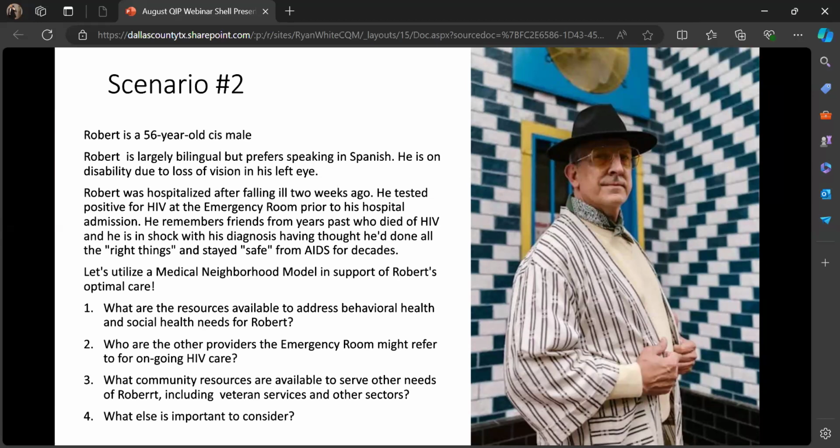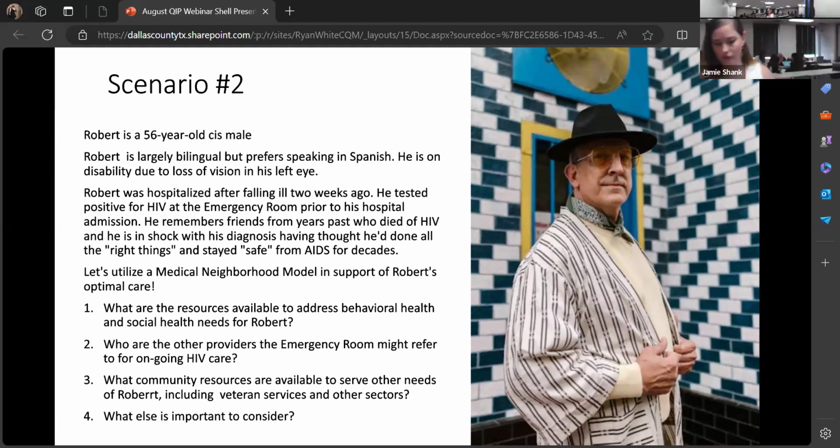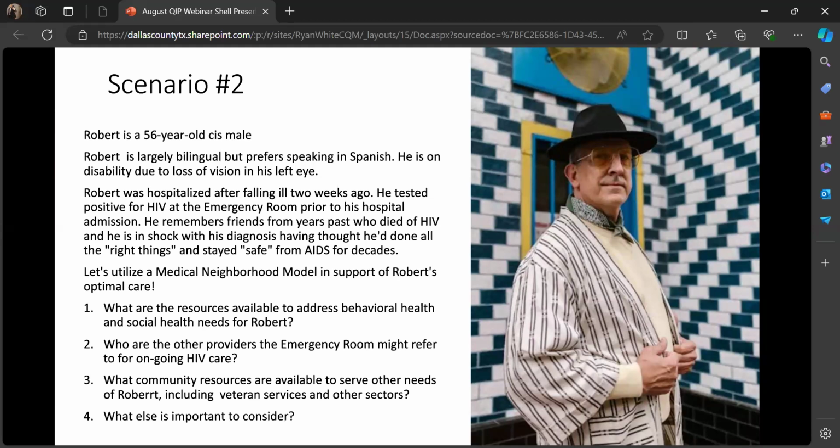Okay, I guess I'll go first. This says that he's on disability. I would wonder, does he have Medicare? And what benefits does he have through that? Just because he's on disability doesn't mean he has Medicare yet, 'cause you have to be on disability 2 years.